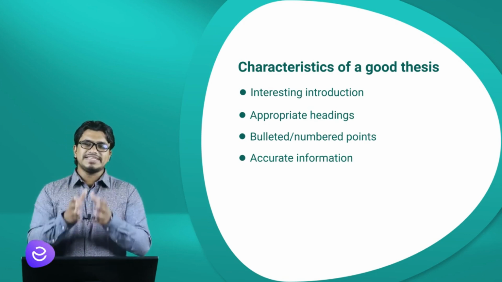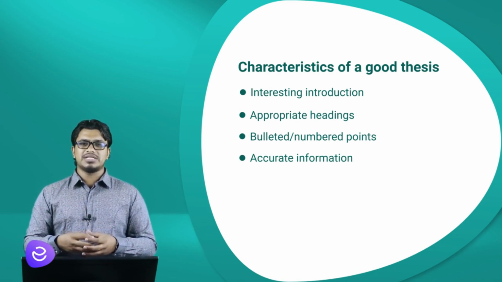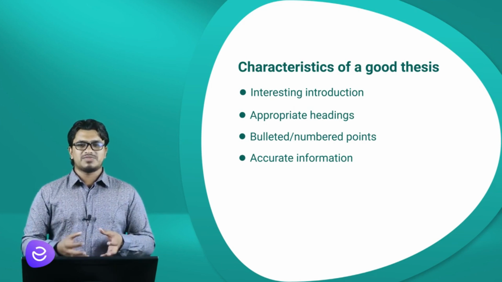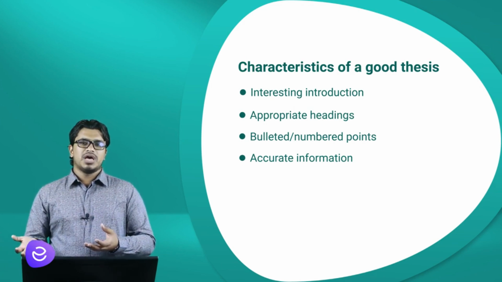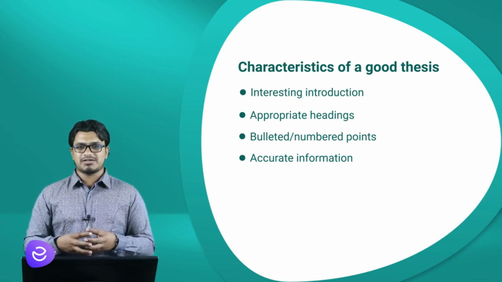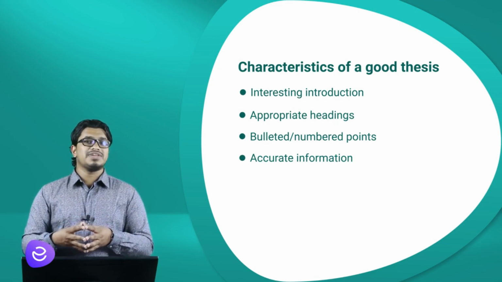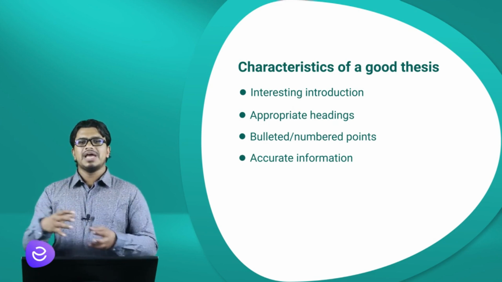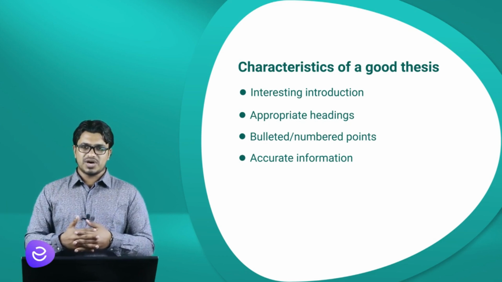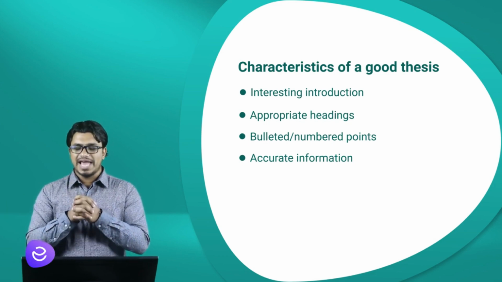Then the information that we provide should be very accurate, and there should not be any plagiarism. Many teachers or guides complain that the children working under them are just copying from somewhere and pasting it into their own work, which we usually call copy paste. It is actually copying someone else's work without even giving due credit. So plagiarism should be avoided, and the information should be very accurate.